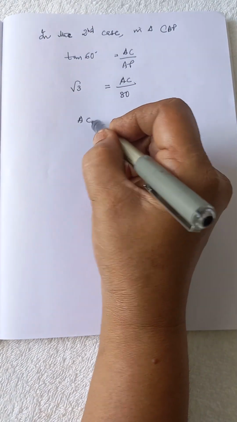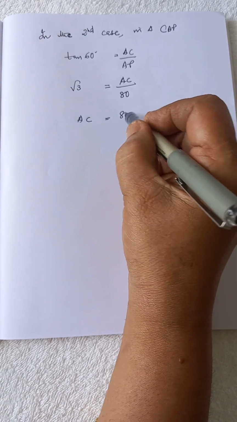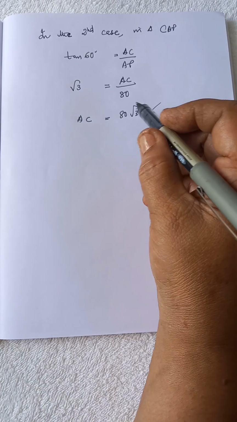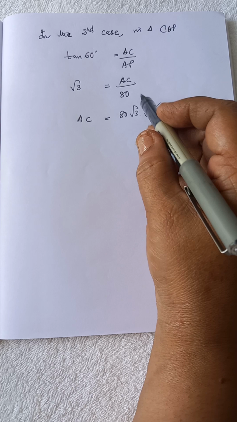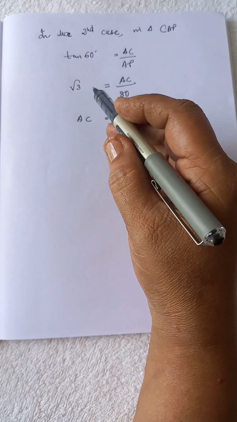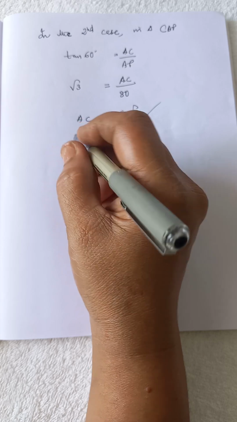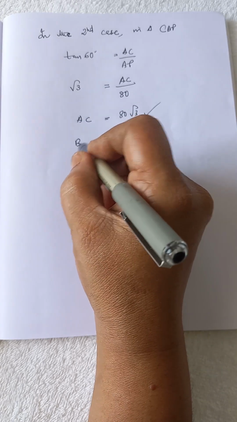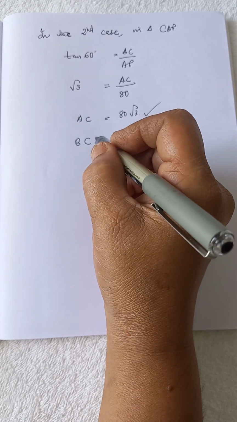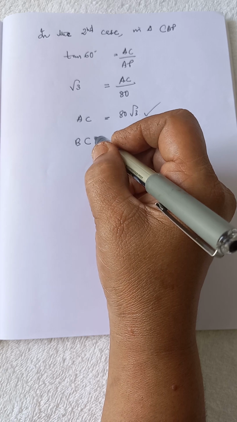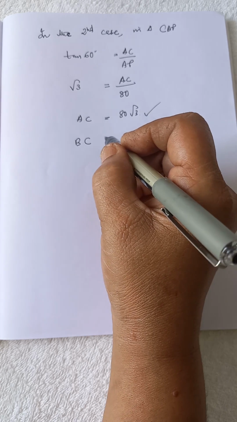So what is AC? On cross multiplying we get 80 root 3. So we got AC and AB in the previous page. So we want to find out BC, that is how much the tower be raised so that the angle of elevation is 60 degree.